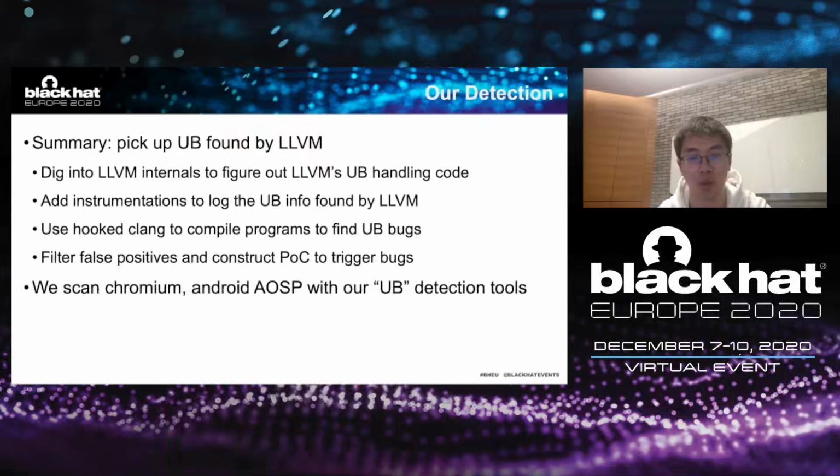Then, we can use the hooked Clang to compile programs to scan for undefined behavior bugs. After filtering false positives, we can start to construct proof of concept to trigger the bugs. We have used all tools to scan Chromium and Android frameworks and found lots of bugs.